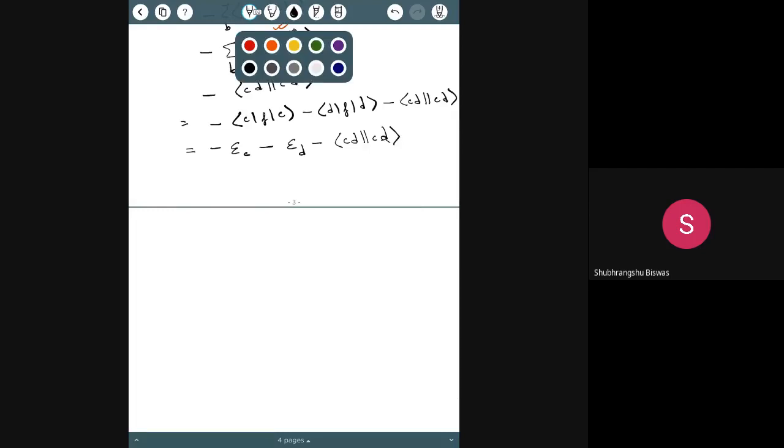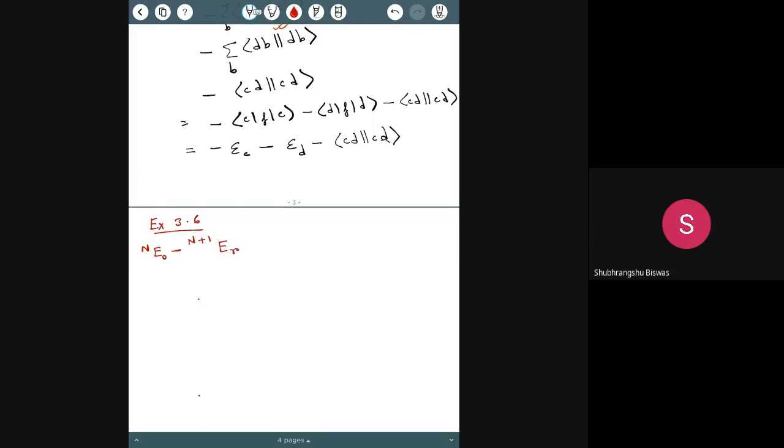So you can try yourself exercise 3.6, which is even shorter than 3.5, where you have to show that the energy difference between an n electron determinant and an n plus 1 electron determinant, where the electron has been added in orbital r, is equal to minus of epsilon r.